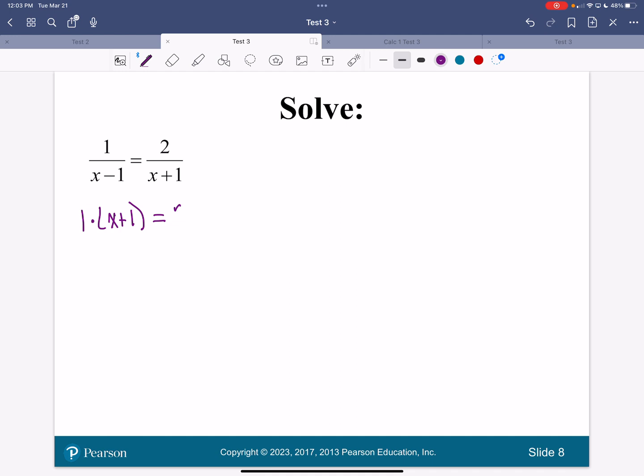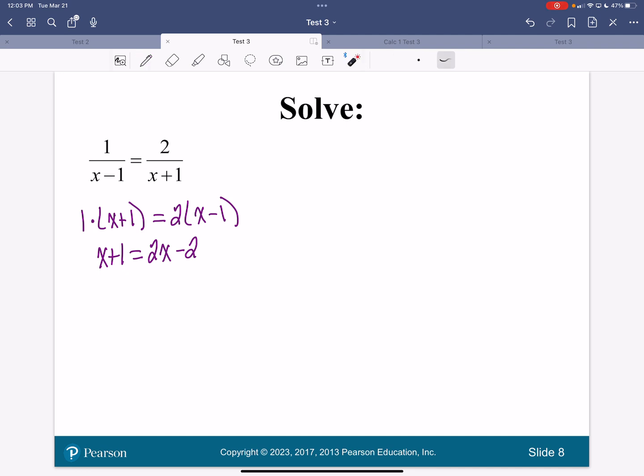This only works because I have a single rational expression on each side. If you do not have that, you cannot use this method. Okay? And then I've got x plus 1. I need to distribute my 2.